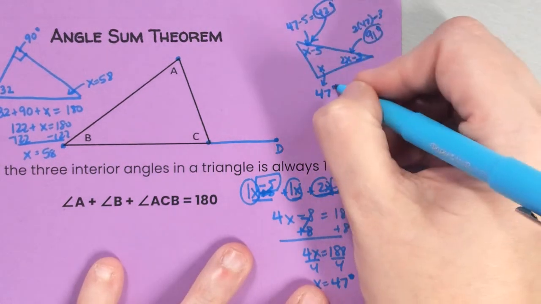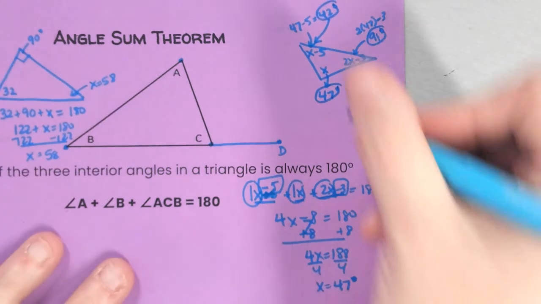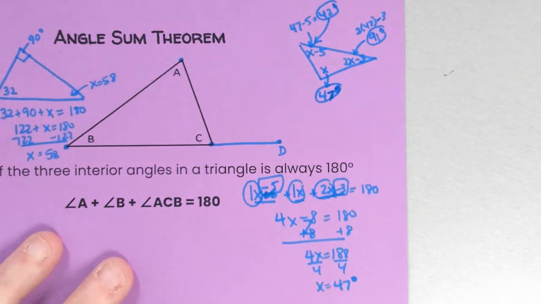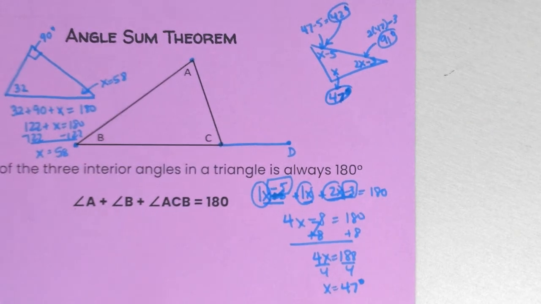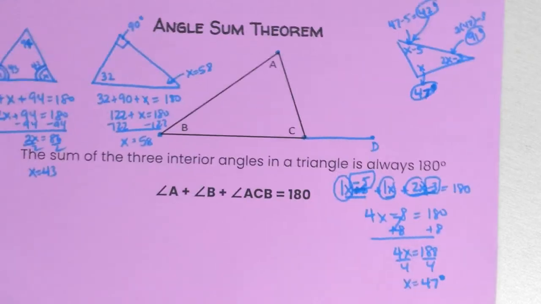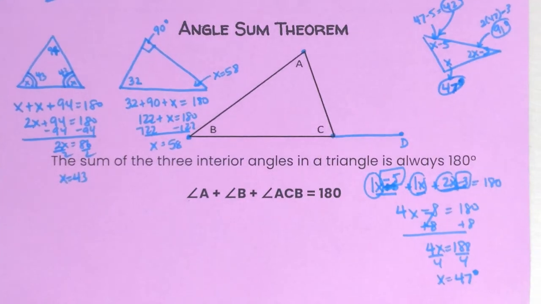So in order for us to figure out what the rest of the measurements are, I have to plug them back in. Sometimes they give me x, sometimes they don't give me just a plain old x. Sometimes everything is an expression. Okay? This is the angle sum theorem. And so you are expected to know how to do this when you get to geometry.